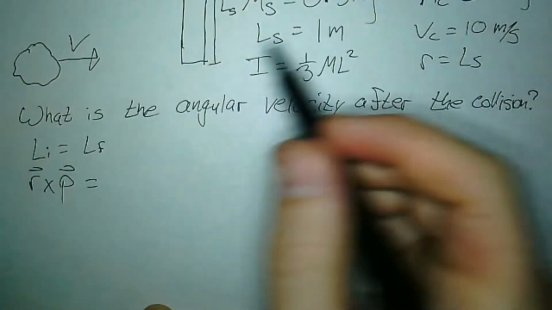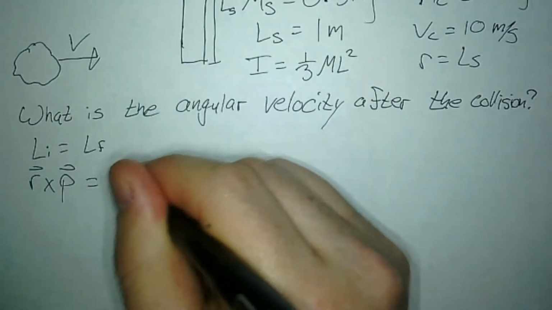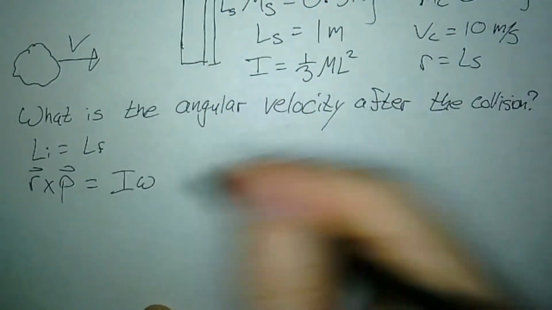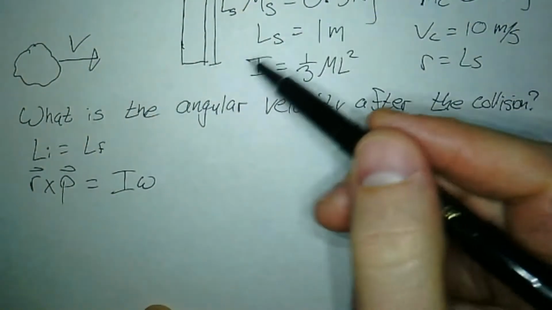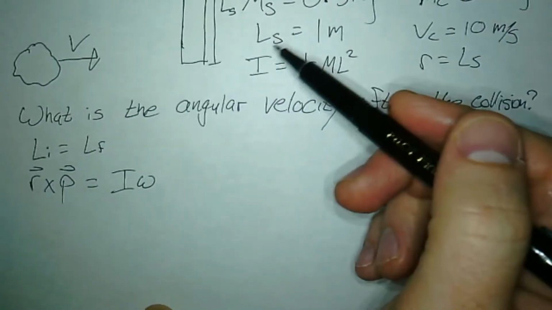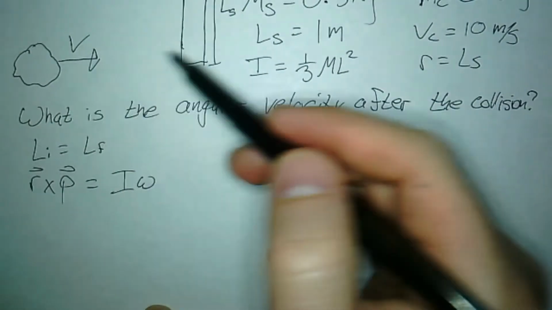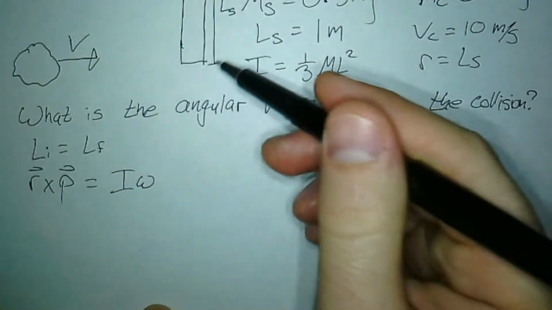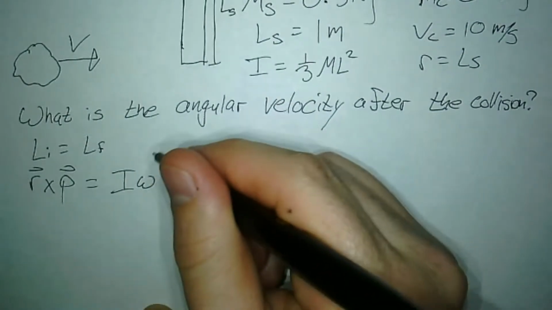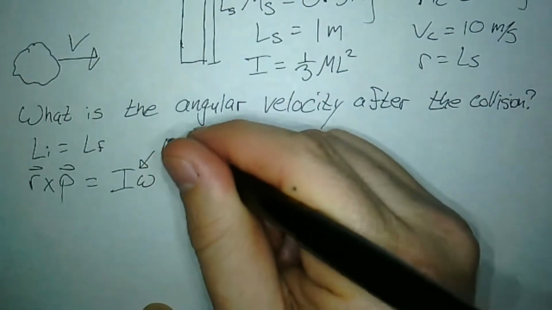And my final is going to be I omega. But this is going to be an inelastic collision. That's why we're doing clay, because it's going to hit, stick, and wrap around. So this is not just the stick.